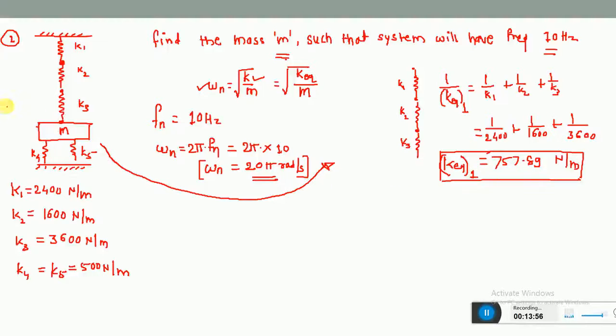So we can represent this system like this. This is K equivalent 1. Then this is the mass of the system and the remaining two springs. Now we have to find out the equivalent of this parallel arrangement. So this is K4 and this is K5.